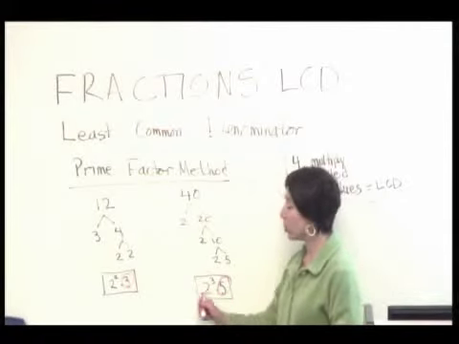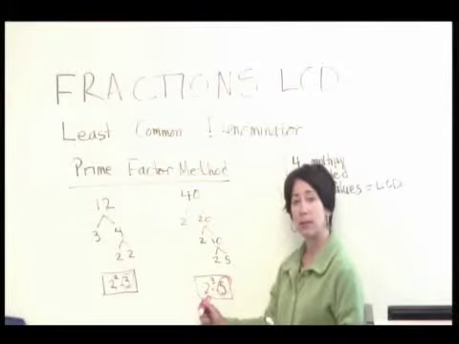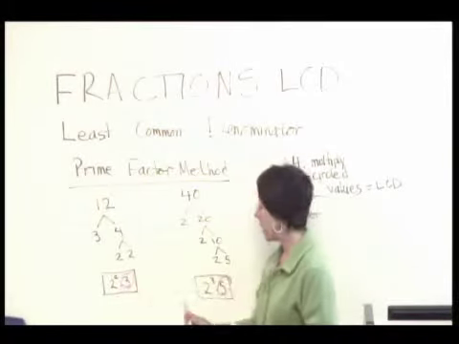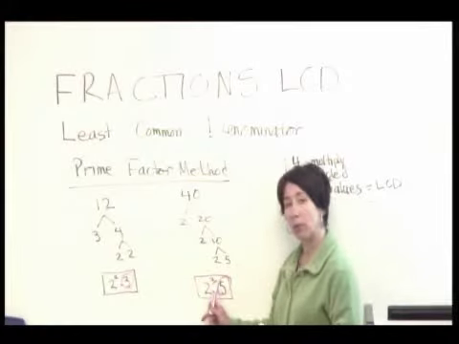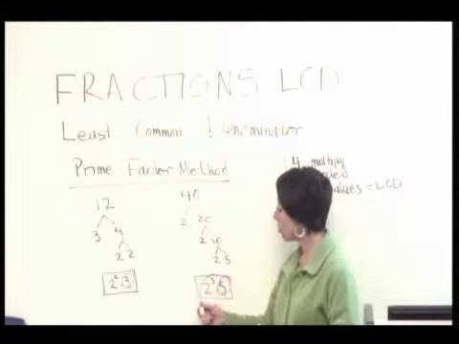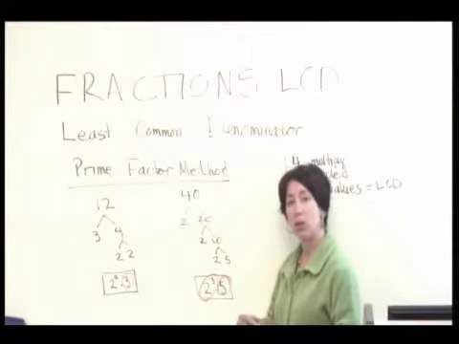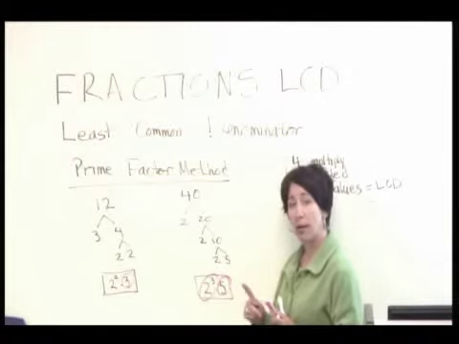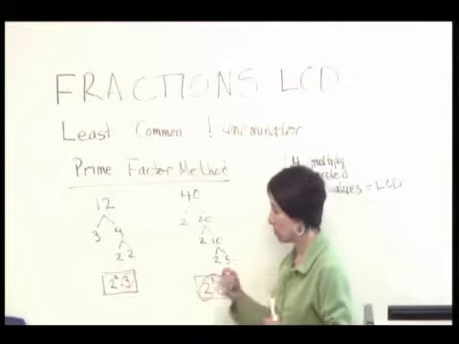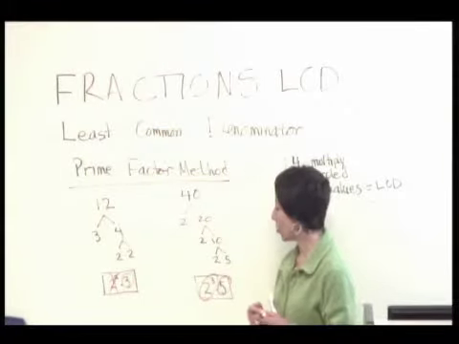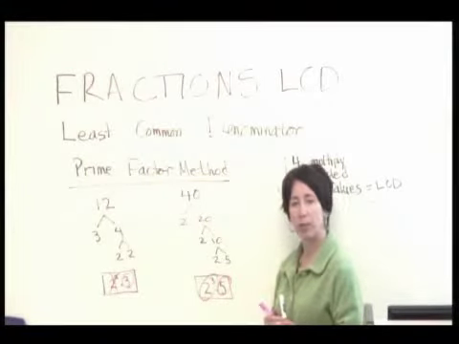Now I look at 2, it is in both boxes, but there's a difference here. This 2 is to the second power, and this 2 is to the third power. If there's a difference in powers, you always choose the largest power. So now I've circled all my factors one time, and it might help to cross this out once you circle the 2 so you don't get confused or include it.